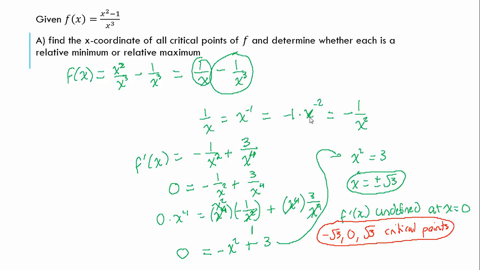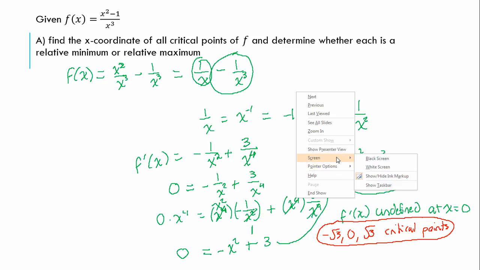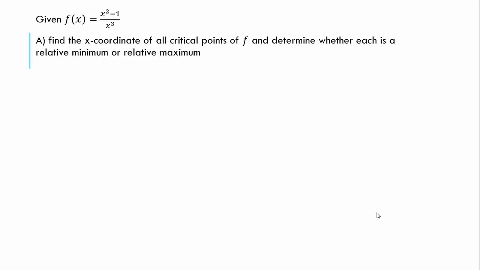So I'm going to go ahead and erase this ink off the slide and figure out when that's going to be. Okay. So just as a reminder, our critical points are negative root 3, 0, and then root 3.